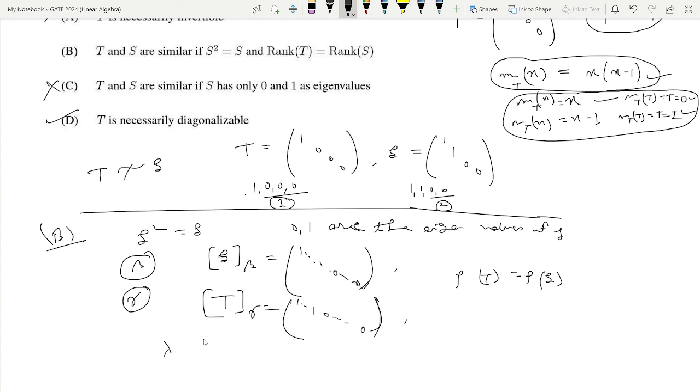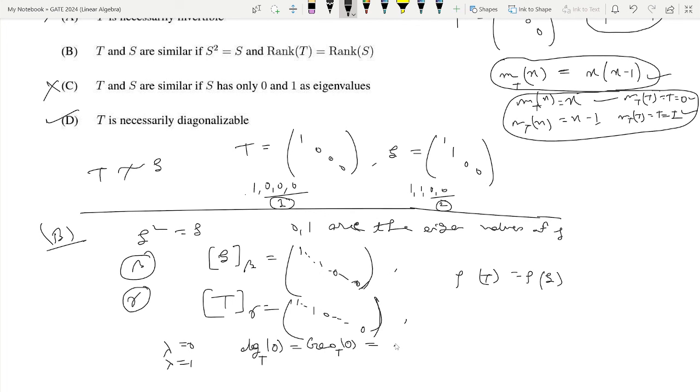There are two eigenvalues of S and T, that is lambda equal to 0 and lambda equal to 1. Here the algebraic multiplicity of 0 of T equals the geometric multiplicity of 0, because T is diagonalizable, so the eigenvalues will be regular.